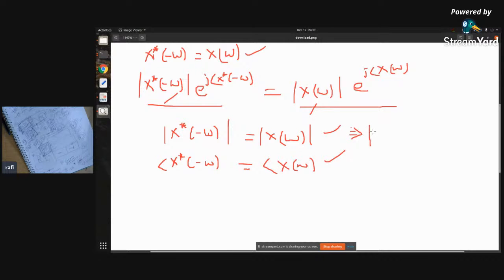From this we can write what x of minus omega magnitude is, which is the same as x star of omega magnitude. We can also write it in this way. Since we have seen two equations, both are the same. When you put minus omega here, this will become plus omega, so it is the same like this.